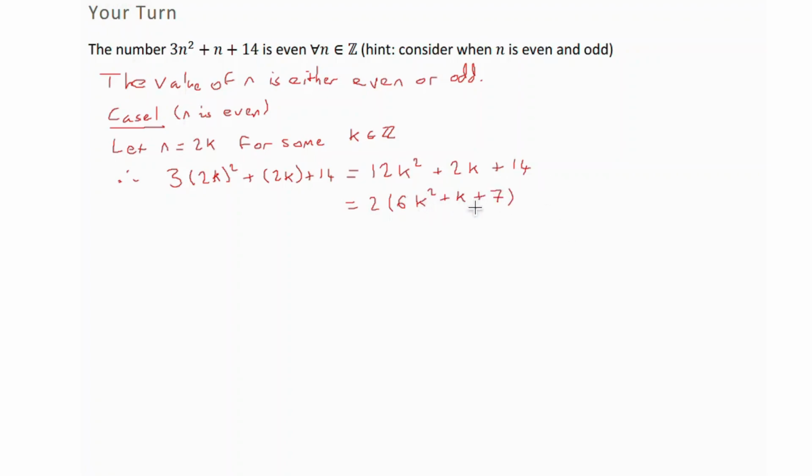But since k is an integer, this is an integer, and so the whole thing is even. Since k is an integer, 6k squared plus k plus 7 is an integer, and so this is even. It is a multiple of 2.